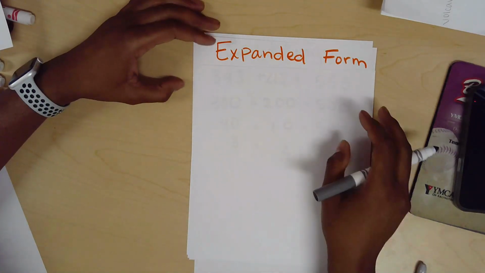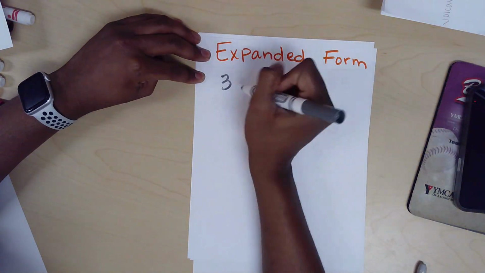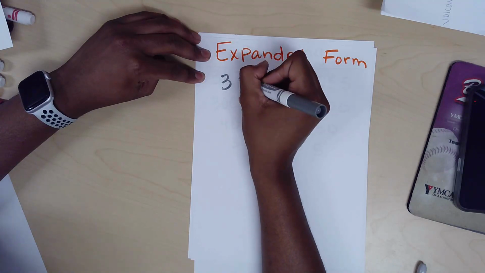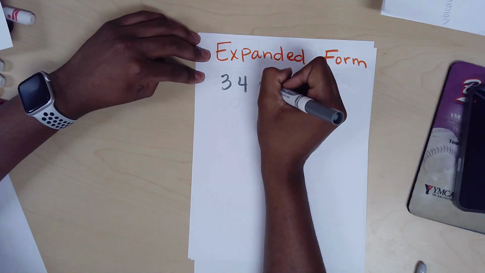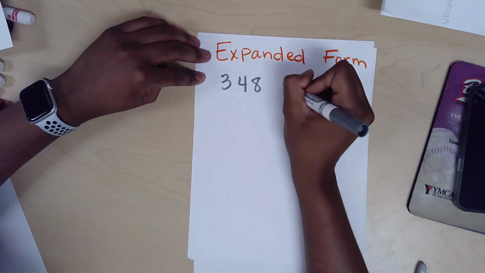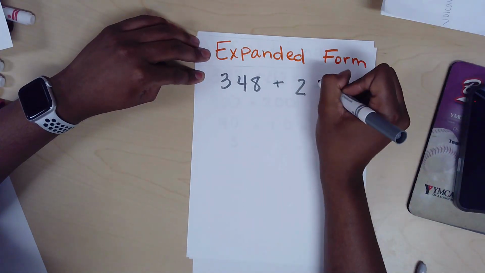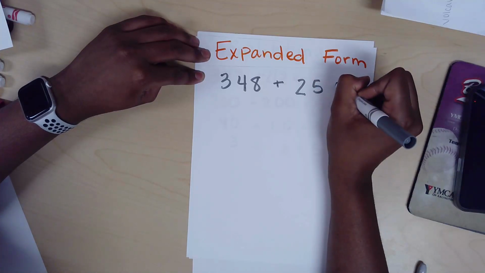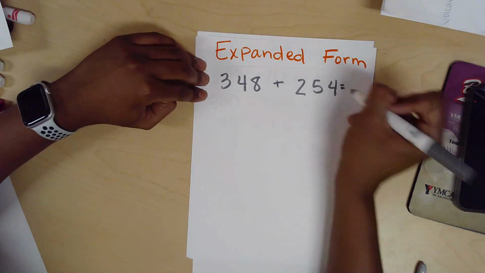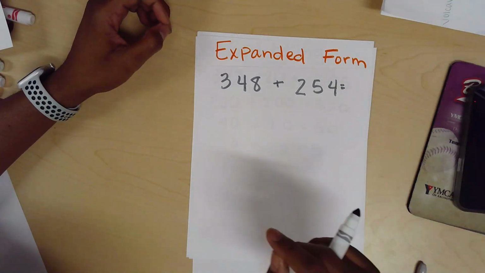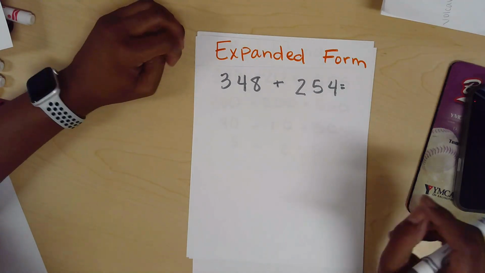So this one's going to be, let's do 348. I'm getting way too close to my other one. Plus 254. So now is your time to pause it and then give it a try on your own.